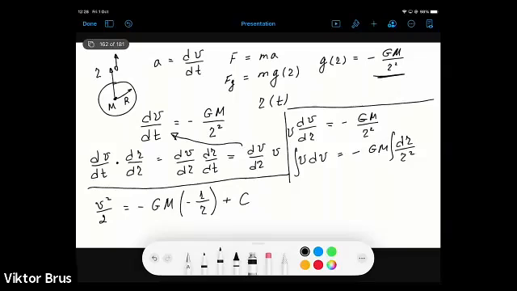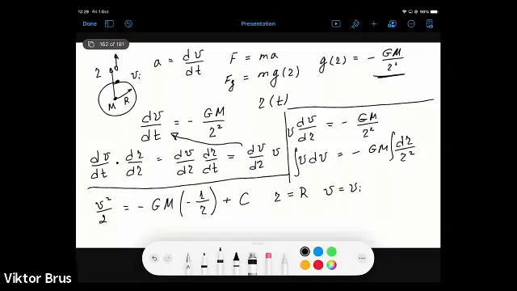We knew from the beginning that there is some initial velocity when the projectile is located on the surface of the planet. Means if this r is equal to capital R, the radius of the planet, then we know that velocity is equal to initial velocity.